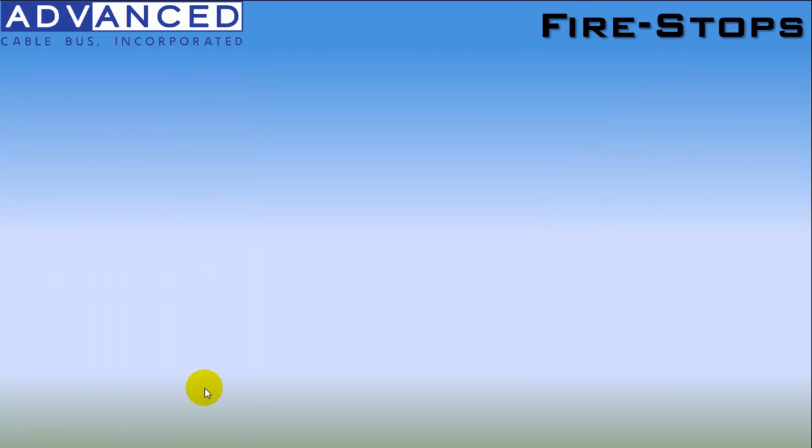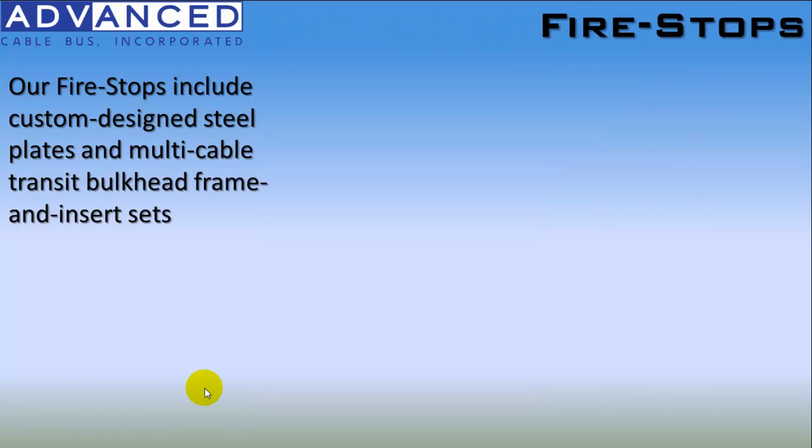For fire stops, our designs will include a custom designed steel plate for each fire stop along with bracketing materials and a multi-cable transit bulkhead frame that will utilize fire-rated inserts to provide a fire-rated sealing.